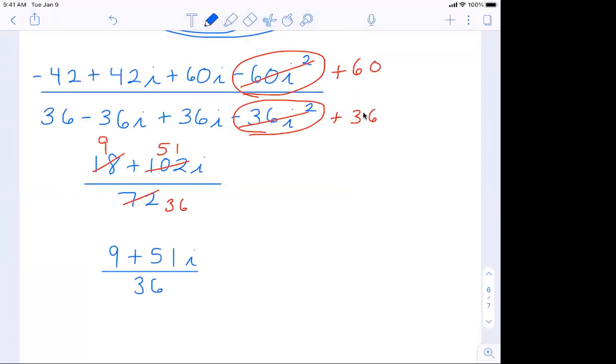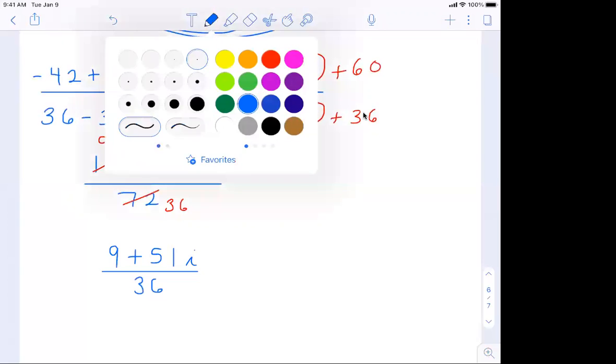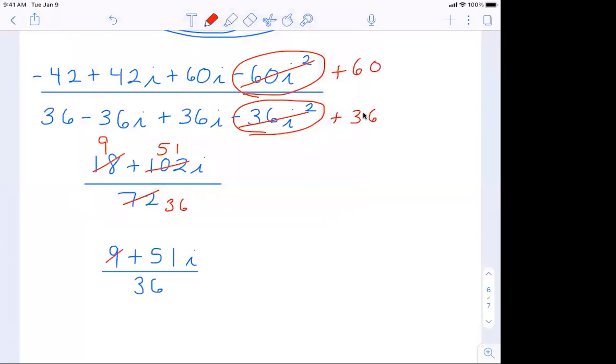But I think maybe something goes into all of these. I know 3 goes into 9, 3 goes into 36. Does 3 go into 51? Well, I know 3 goes into 60, and that's 9 less than it. So yeah, it does go into 51. So if I divide all those by 3, that's going to be 3. 3 times 17 is 51.